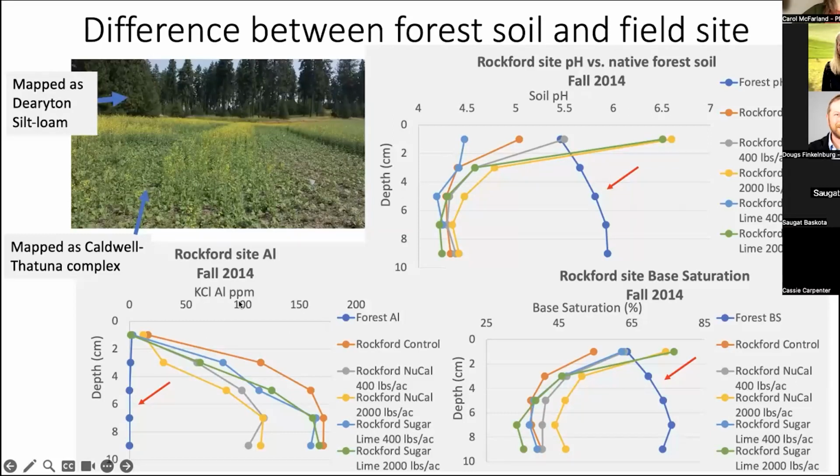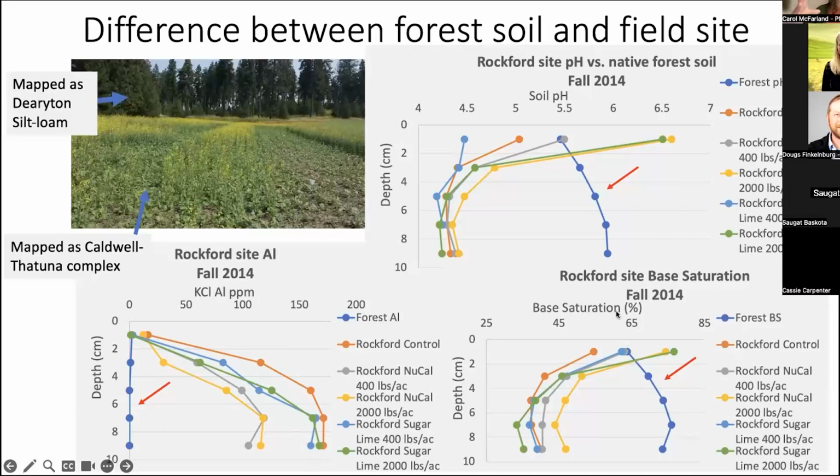And so you can also see here the KCl extractable aluminum in that native forest soil. That is still forested. You have almost no aluminum versus, check out this x-axis here, where you're getting some pretty high aluminum up in that area. And then also base saturation.